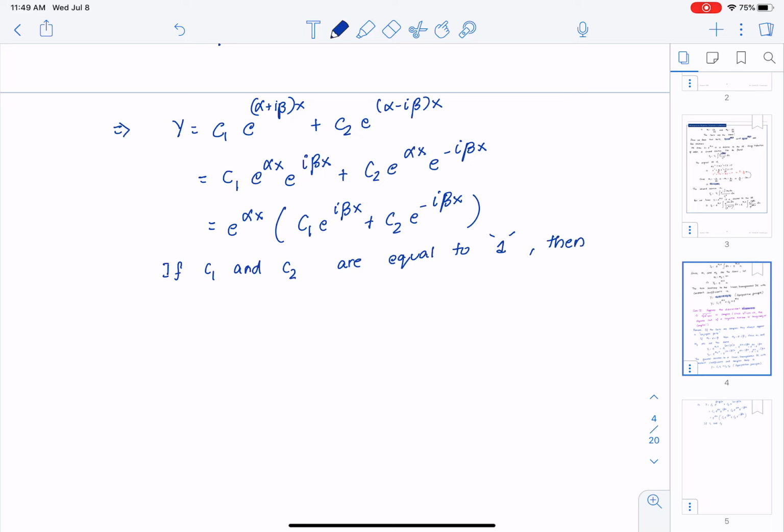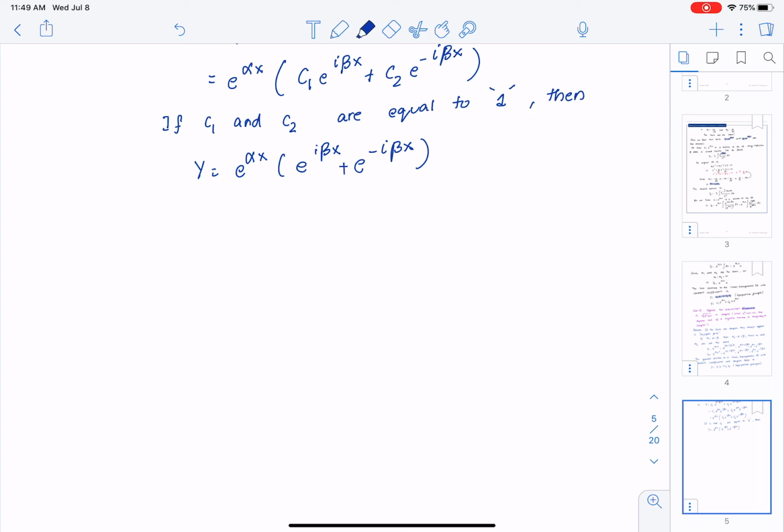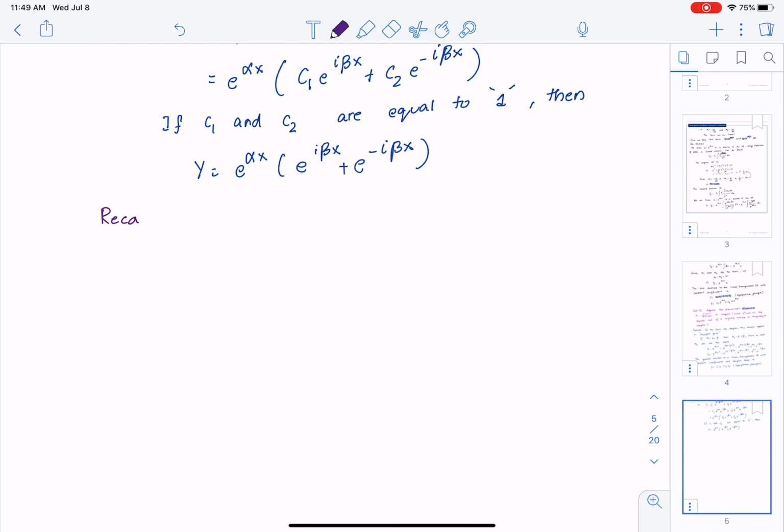then y would equal e raised alpha x multiplied by e raised i beta x plus e raised minus i beta x. And going back to Calc 3 or Calc 2, recall Euler's formula.